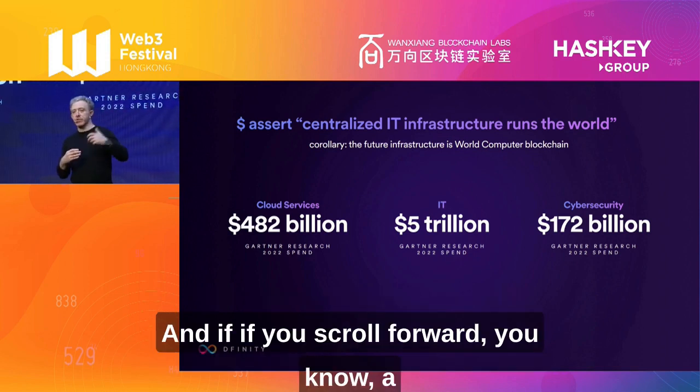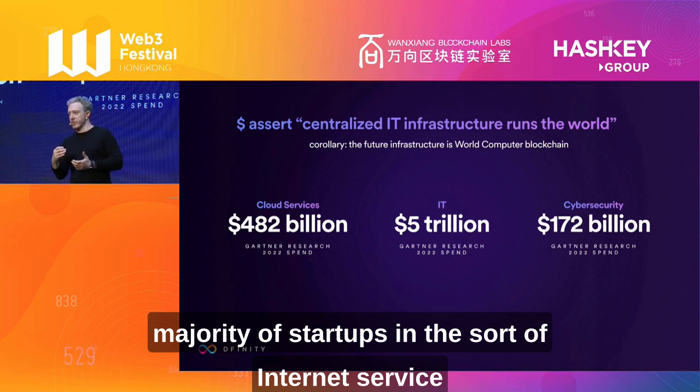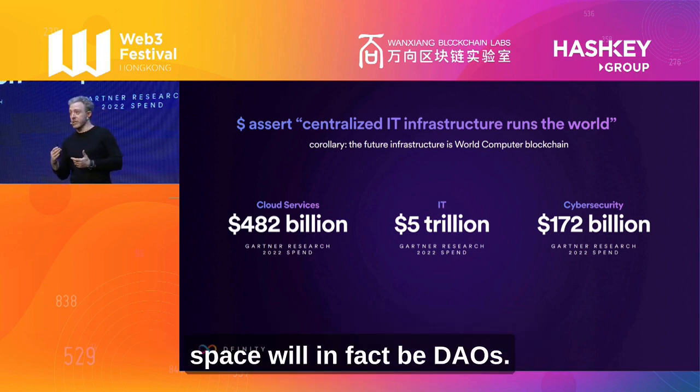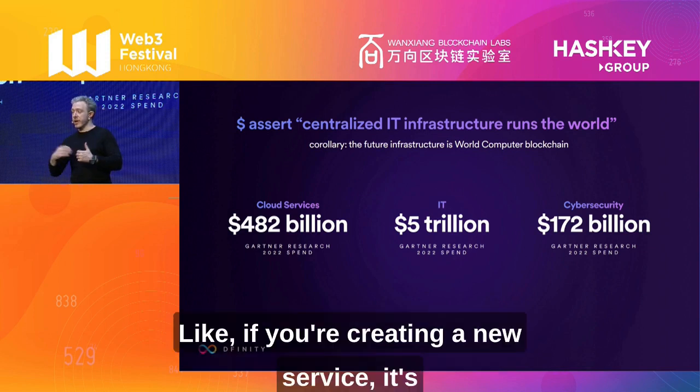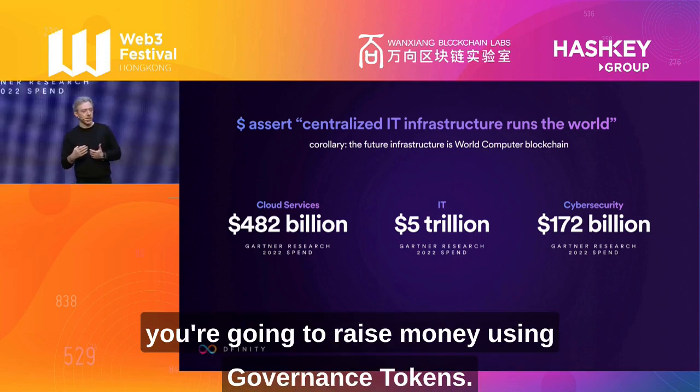And if you scroll forward, even in 5 years, we think the majority of startups in the internet service space will in fact be DAOs. If you're creating a new service, it's going to be a DAO. And very likely, you're going to raise money using governance tokens.